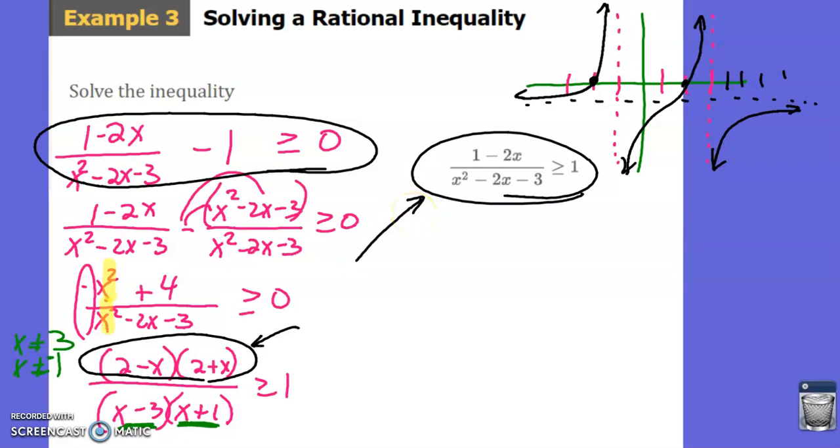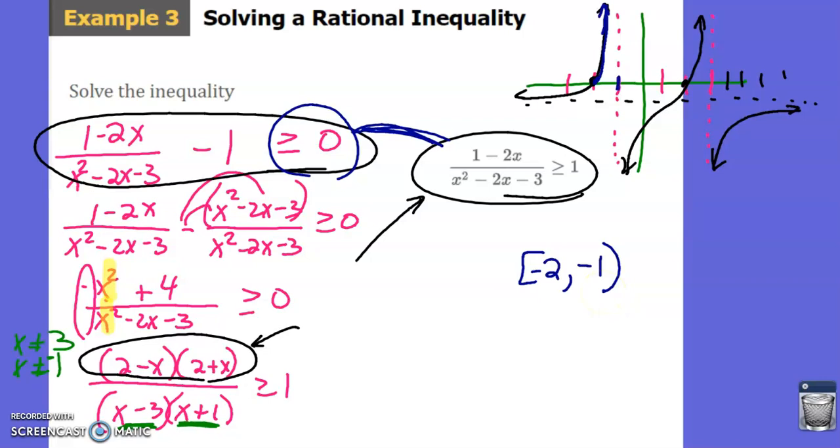I want you to notice the graph, because these two are equivalent to each other, but graphically, you're trying to find out where it's going to be greater than 0, above the x-axis. So from right here at negative 2, it starts going above 0, and it keeps going closer and closer to negative 1. And remember, it never actually reaches negative 1, so that's a parenthesis, an open interval.